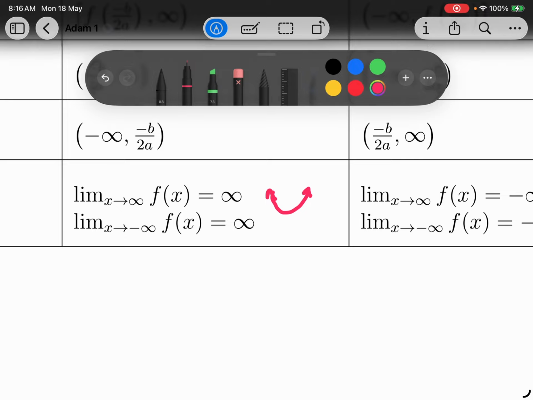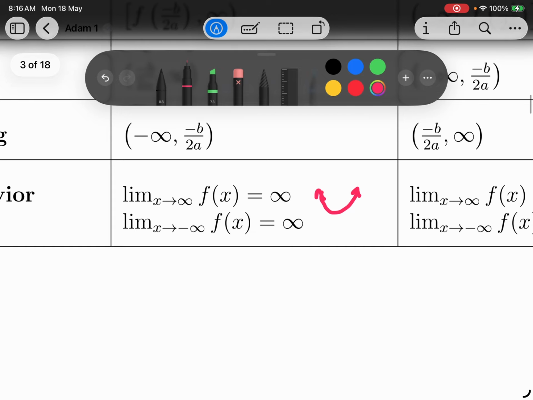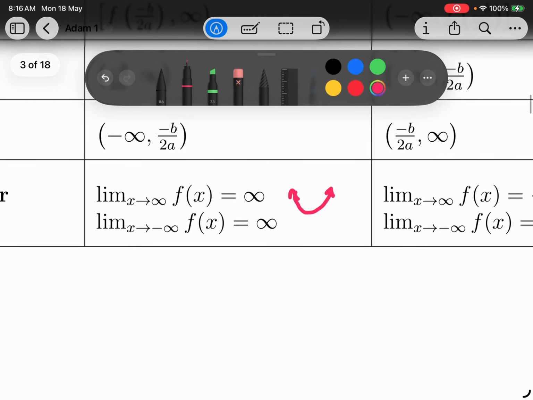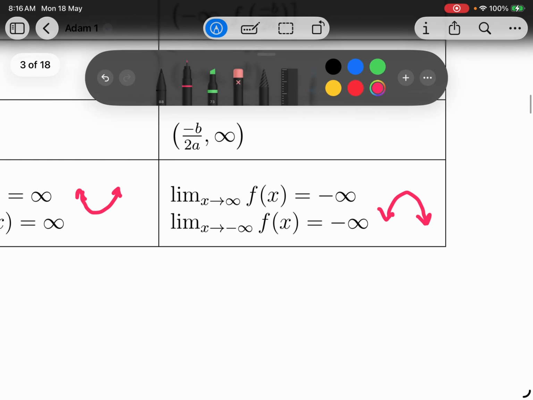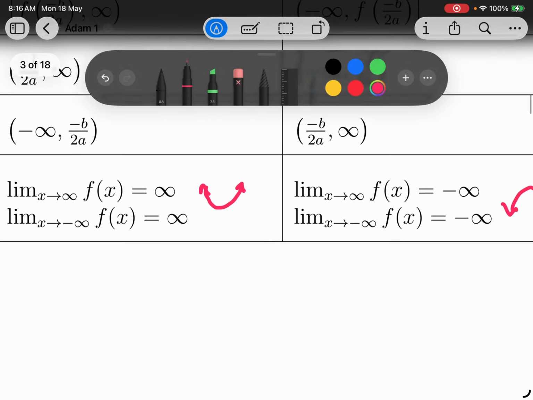And when x goes to minus infinity, it means the values of x go very, very small. In both cases, the behavior of the function is the same, going to infinity. And here, when a is negative, regardless of whether x goes to infinity or to minus infinity, in both cases you can see these tails going down to minus infinity, okay?